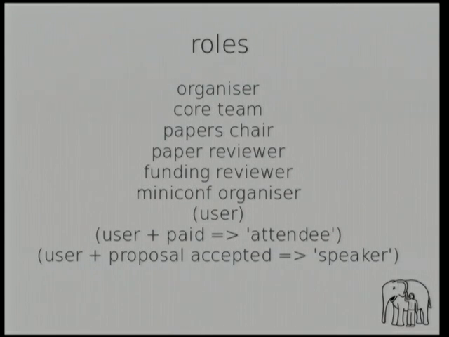So one of the features about LCA is that they tend to get a lot more applications or proposals than they actually accept, and so they need to have a quite detailed review process where they have multiple people on the paper reviewer committee putting comments and ratings on each of the proposals, because they need to whittle it down quite seriously. I think they get in the order of 5 times more papers than they actually end up accepting.